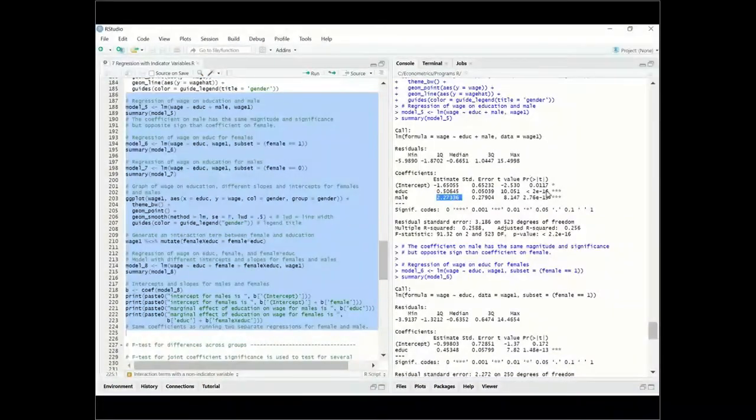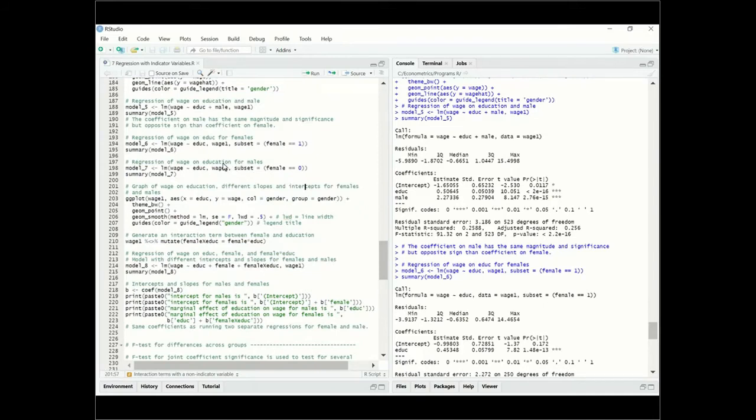The magnitude is the same, the significance is the same, but the sign is reversed, because now we're saying that males get 2.27 cents higher wages than females. This intercept is different now because it is the intercept for females. If we want the intercept for males, we would need to sum up this number plus this number. So it's basically the opposite of what we had before.